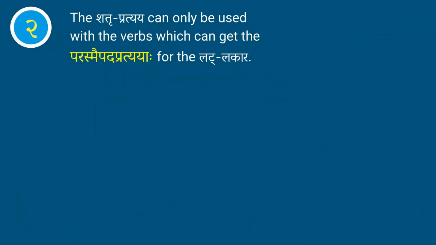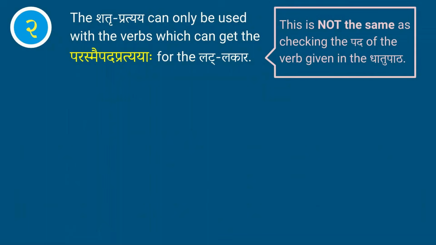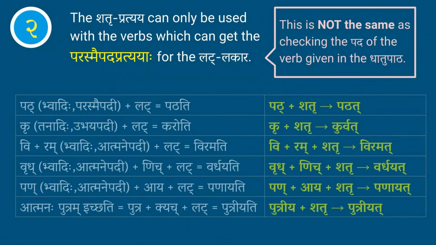The Shatru Pratyaya can only be used with the verbs which can get the Parasmai Pada Pratyayas for the Lat Lakara. Please note, this is not the same as simply checking the Pada of the Dhatu in the Dhatu Patha. To understand why, here are a few examples.